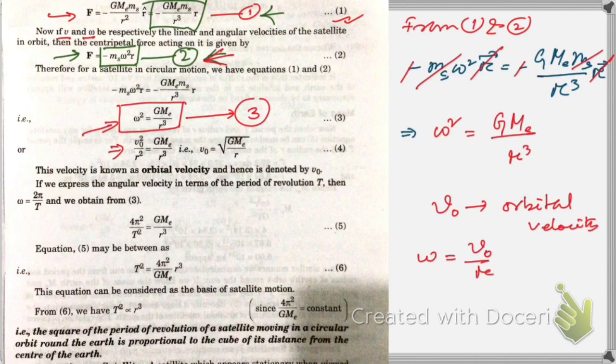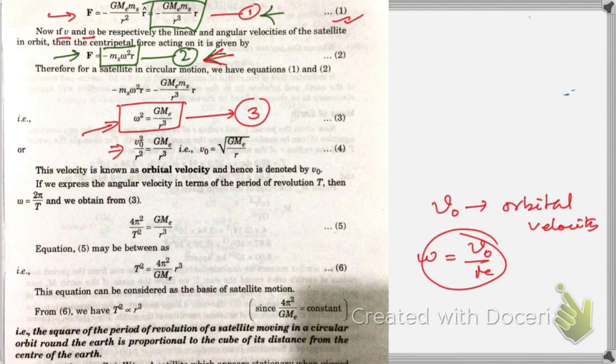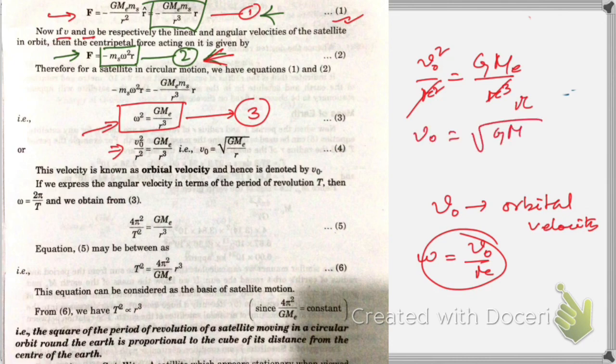If you cancel r square with r cube, there will be r only. So v naught will be equal to root over capital G capital M_E by r. That's equation number 4. This is the orbital velocity denoted by v naught.